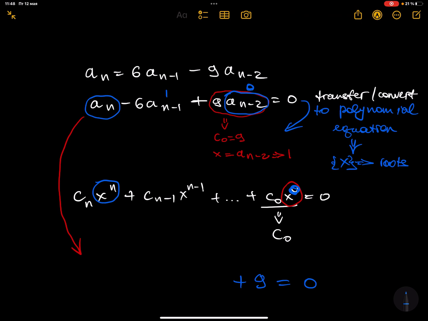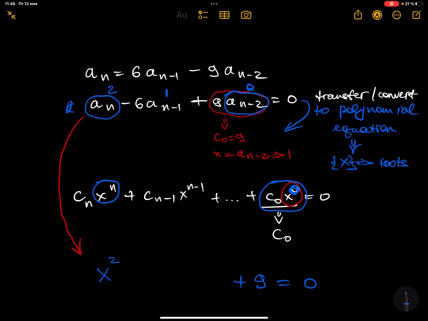So firstly, you identify what's gonna be the C0, and then you identify the power of each element. So this is gonna be in the power of 1, this is gonna be in the power of 2, so I'm gonna write here x in the power of 2.